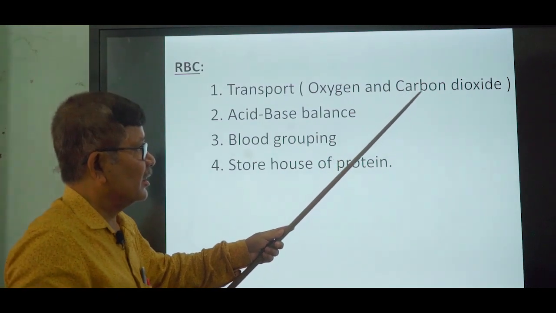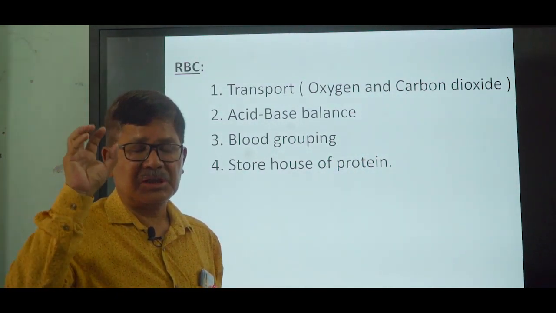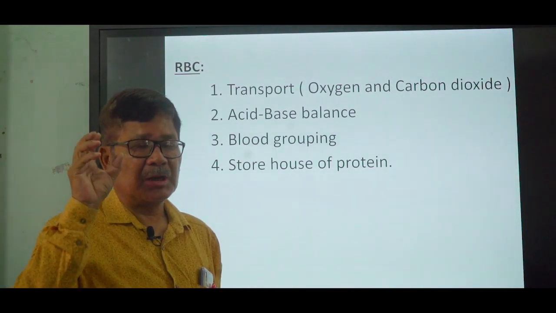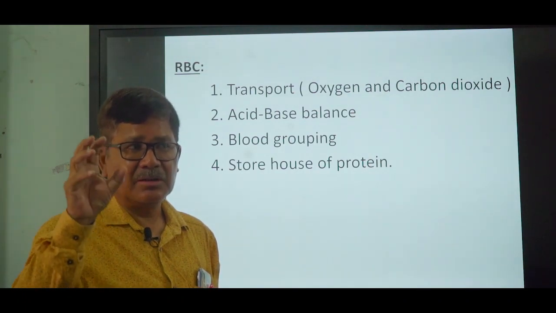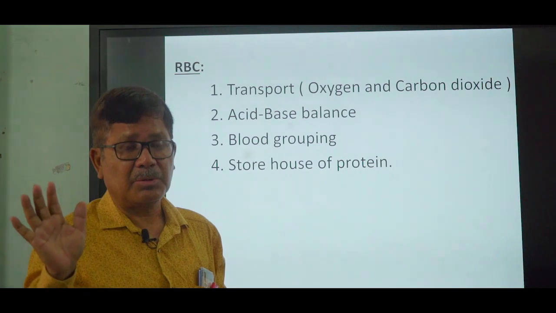On the other hand, carbon dioxide is released from our tissue, from our cells, as a result of metabolism of our carbohydrate. This carbon dioxide must be expelled from the body.